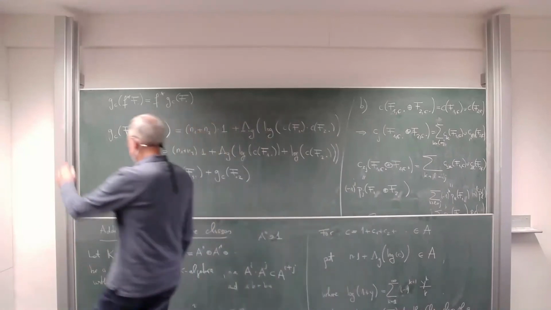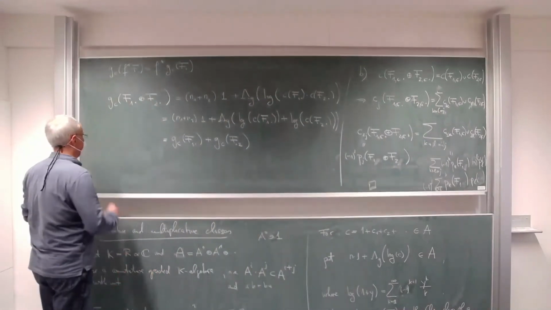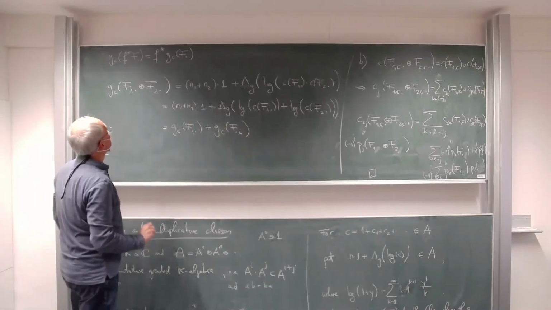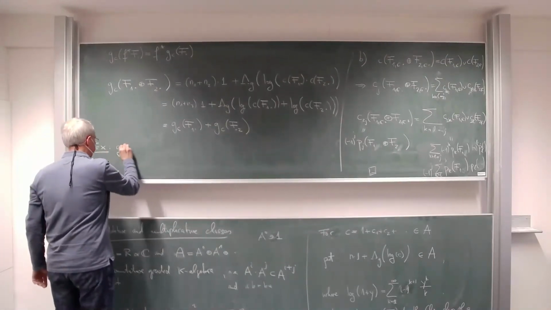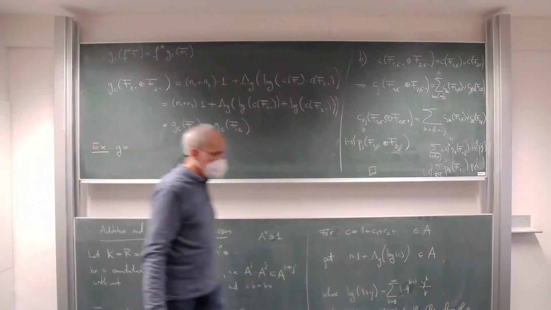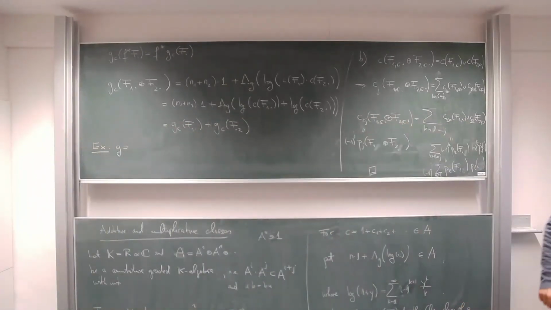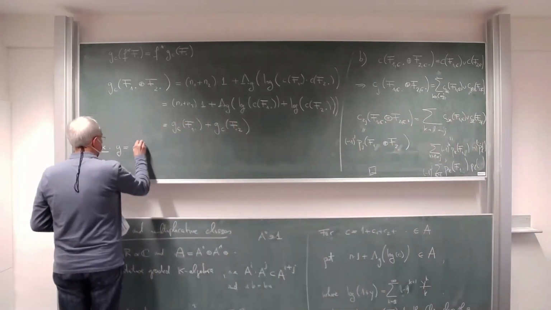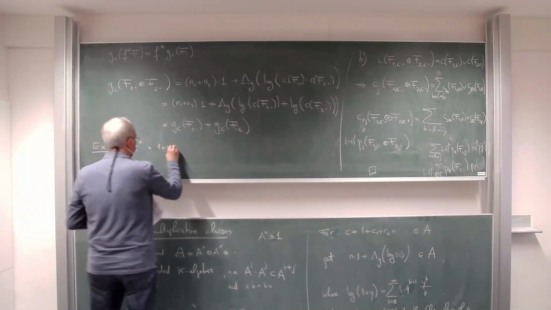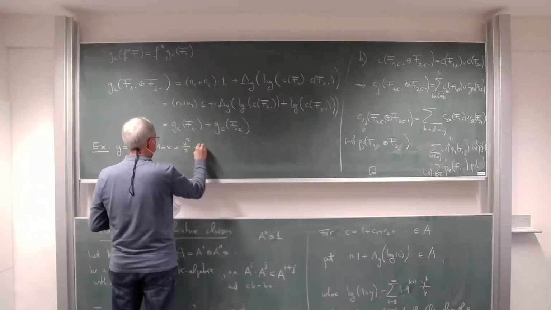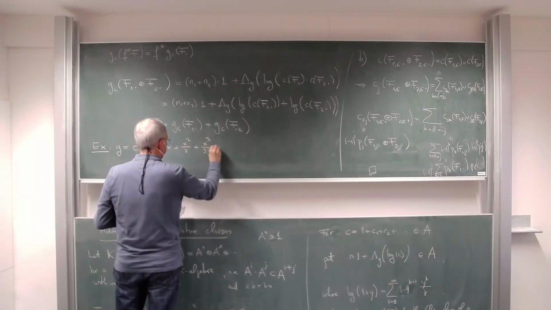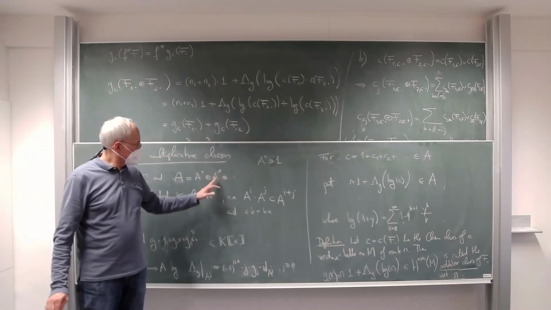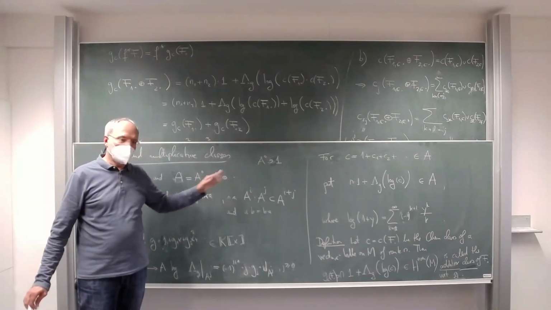Good. So let's look at an example. As a power series, I want to take the exponential series. Well, that's one of our favorite power series, certainly. So we have this decomposition, and these are just the parts of homogeneity degree J, if you like.